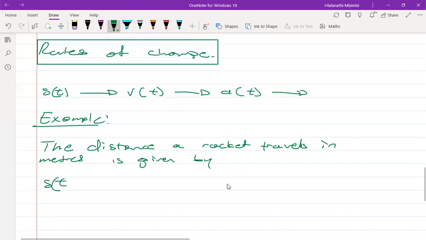S as a function of t is equal to t cubed minus 1. But guys, do you really appreciate the idea now that we're talking about functions that we know? With the time in seconds.